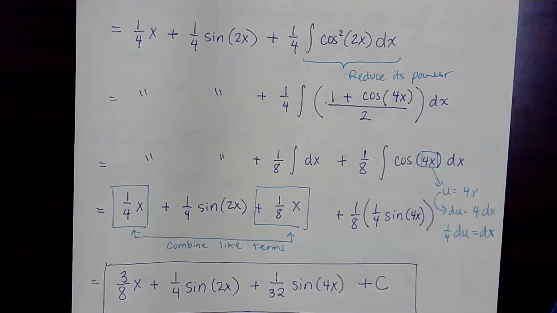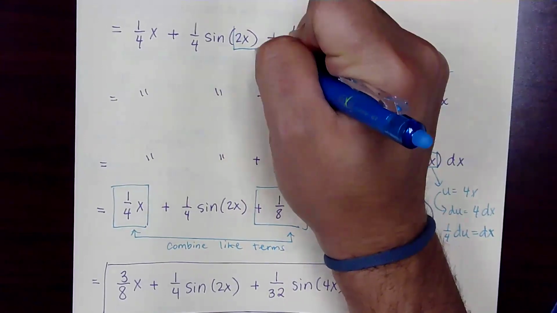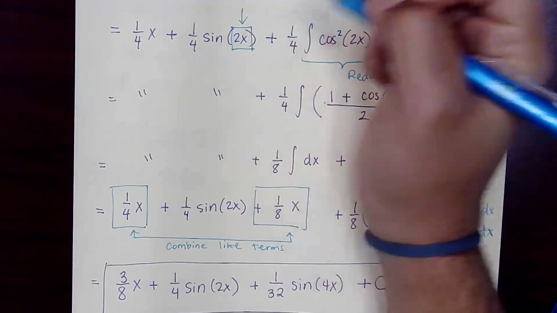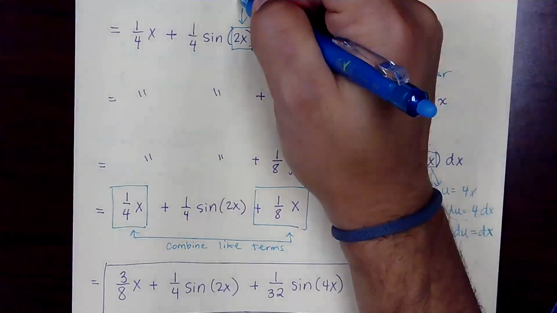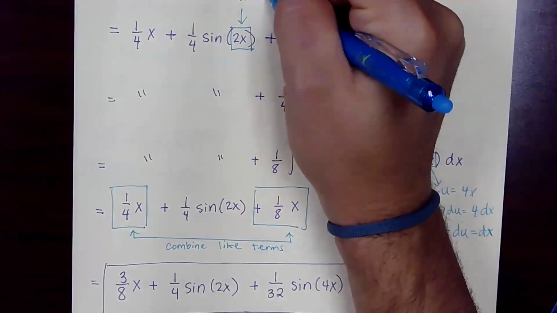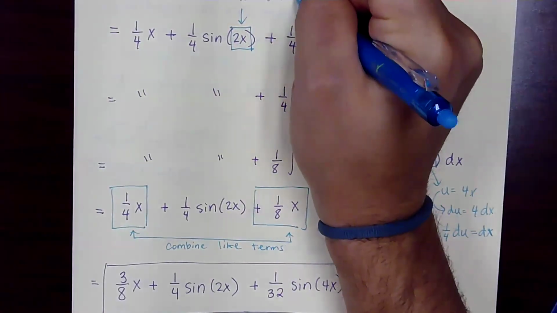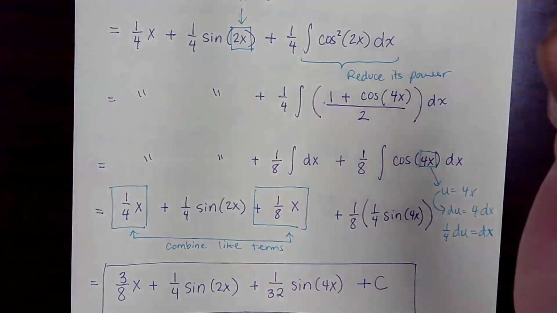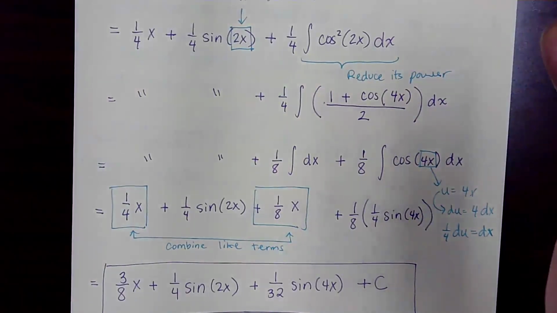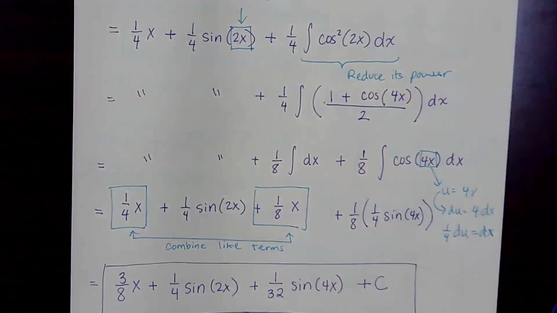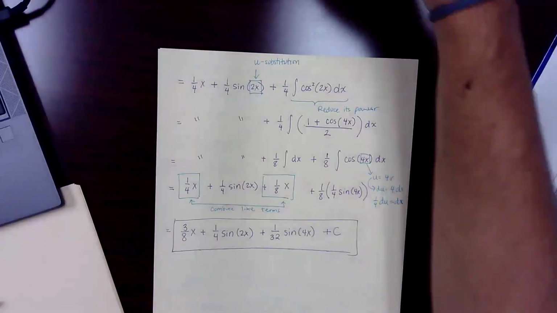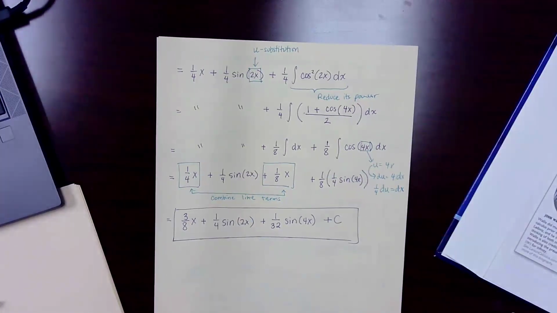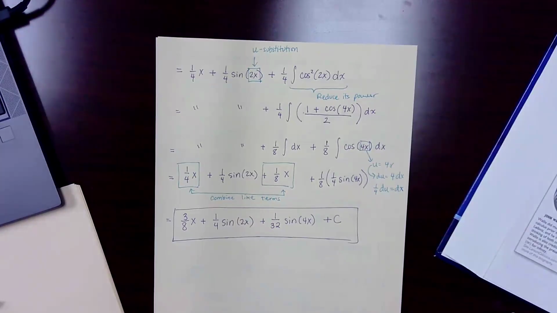Just remember, if you are taking the integral of something that has an interior function, then we need to make sure that we're doing a u substitution so that our integrals have the correct factor or fraction that's pulled out of the integral. Okay. Any questions, comments about those three examples? Okay.